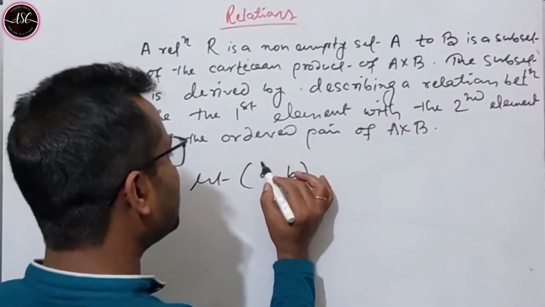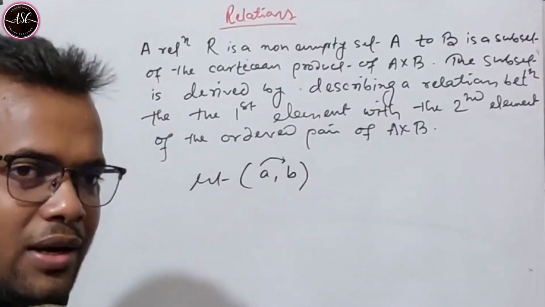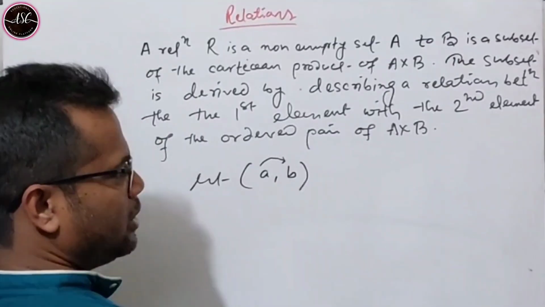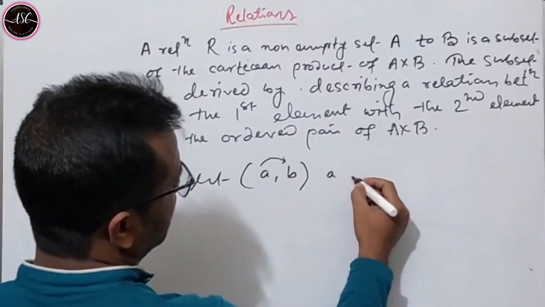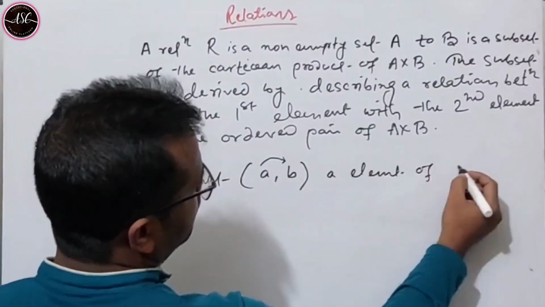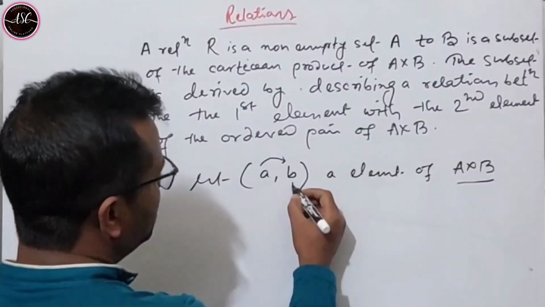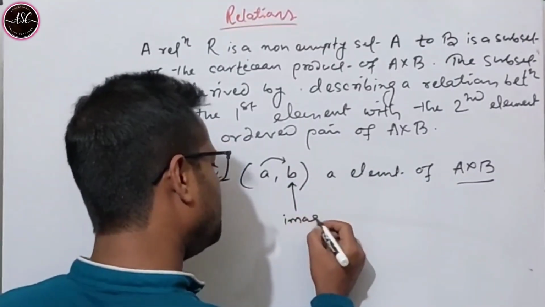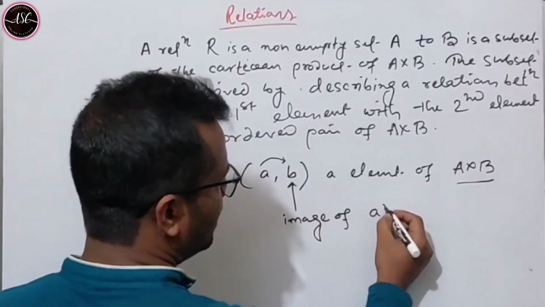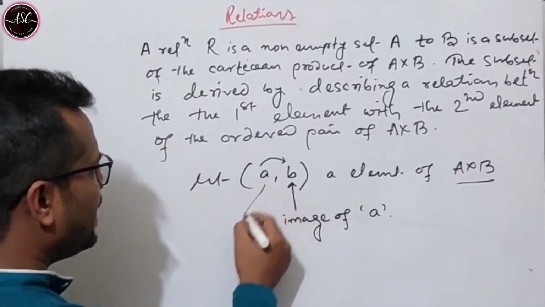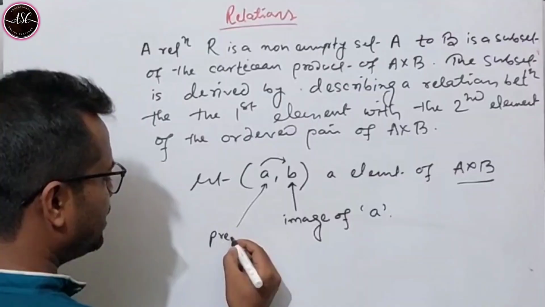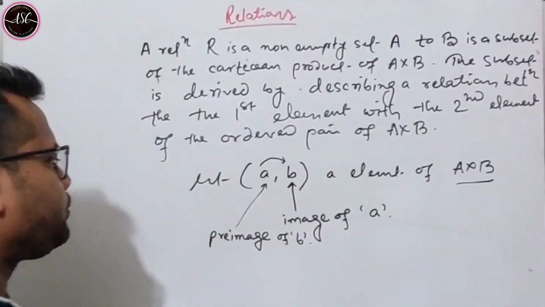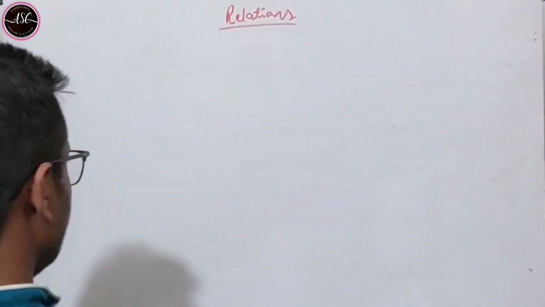So there is a relation between A and B, with the ordered pair an element of A cross B. This element B is called the image of A, and A is called the pre-image of B. So this is clear.